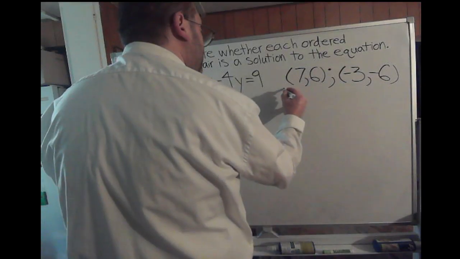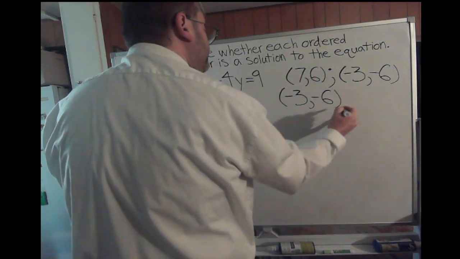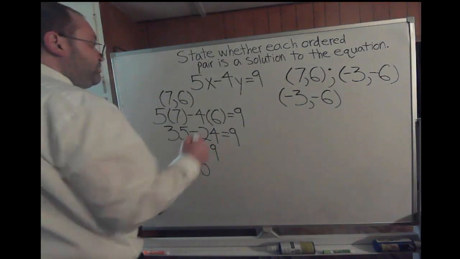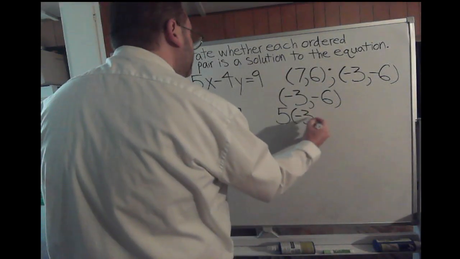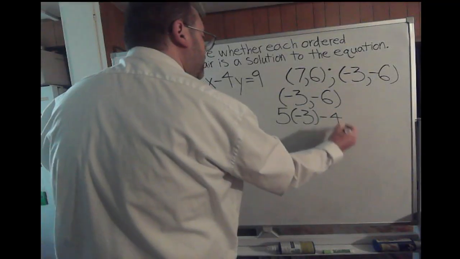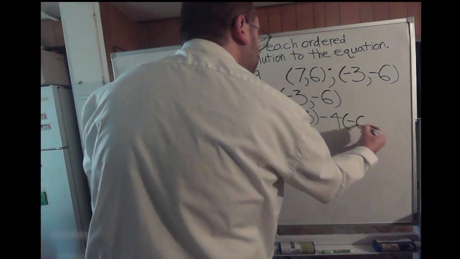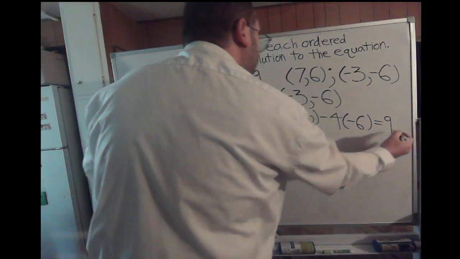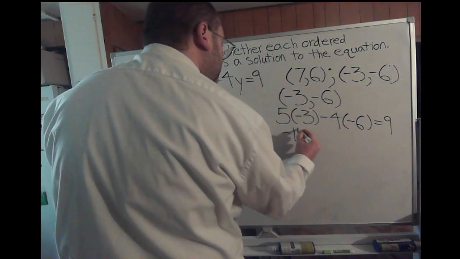However, they also ask about negative 3, negative 6. So we'll take 5 times our x value of negative 3 minus 4 times our y value of negative 6. We'll set that equal to 9. Well, 5 times negative 3, that's negative 15.